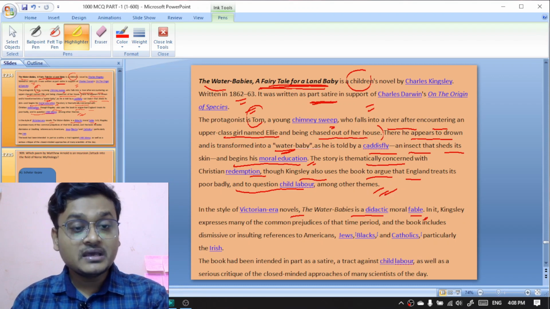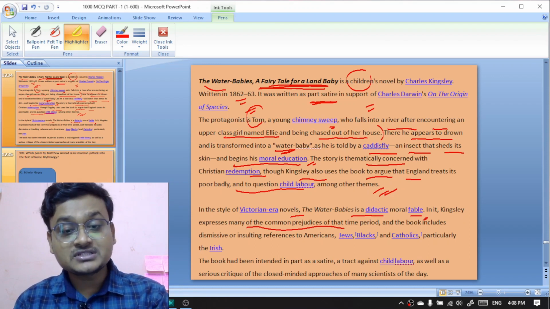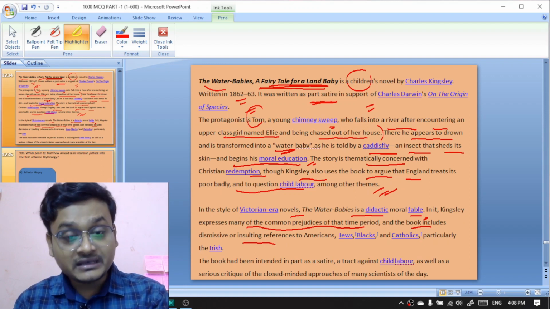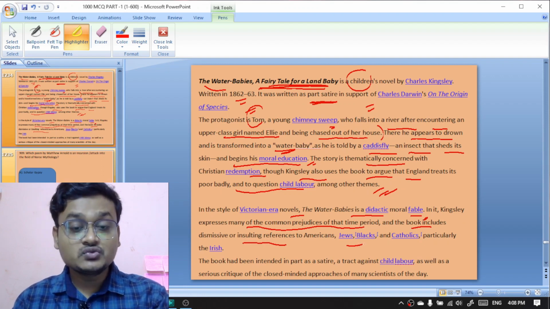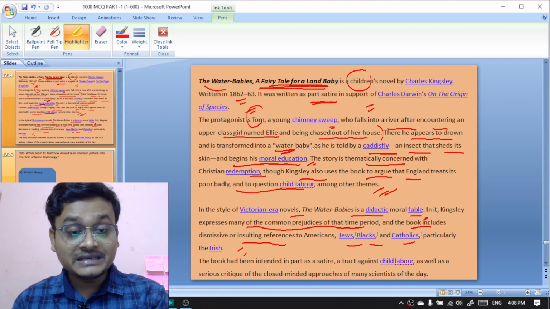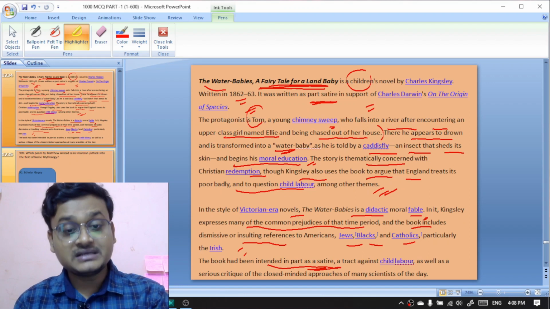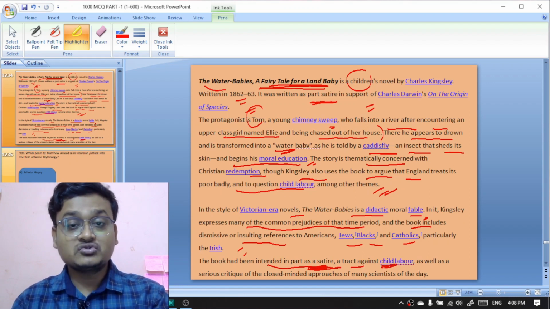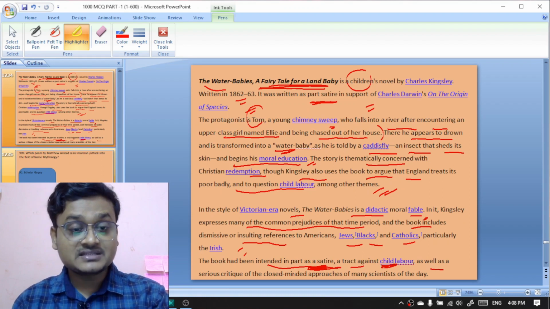Kingsley expresses many of the common prejudices of the time, and the book includes dismissive or insulting references to Americans, Jews, blacks, and Catholics, particularly the Irish. It is intended as a satire, a tract against child labor and social issues, as well as a serious critique of the closed-minded approaches of many scientists of the day.